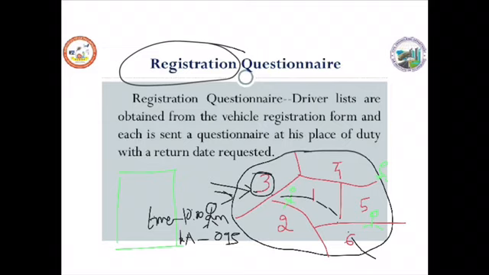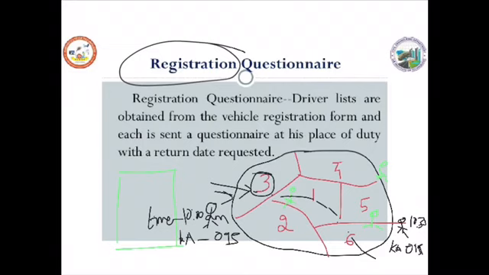When the vehicle exits from zone 6, the surveyor standing at the exit of zone 6 will also note down the registration number of the same vehicle and the time at which the vehicle departed from zone 6.